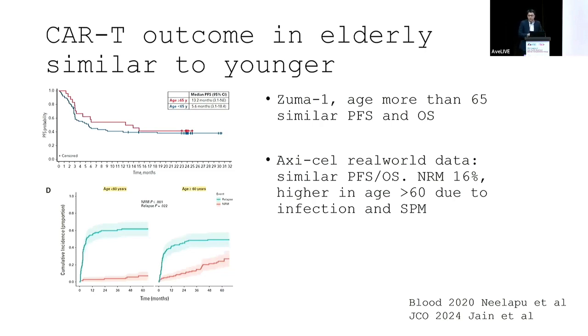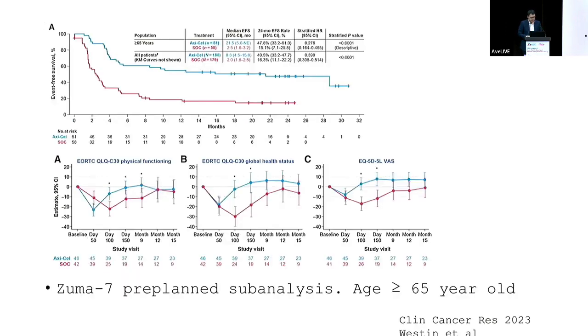However, the PFS and OS don't change, because younger patients seem to have a higher risk of relapse after axi-cel. ZUMA-7, shared by Dr. Anna Sureda yesterday, equally shows that in the second-line setting, axi-cel is feasible and can be done in patients more than 65 years old.